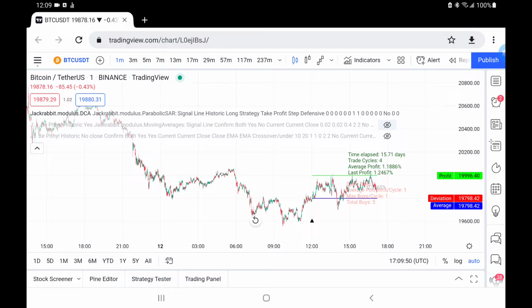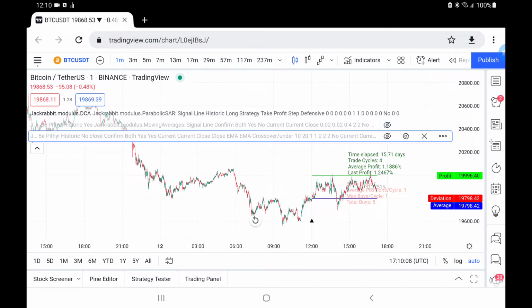This could easily be a one-hit wonder. And that's the point of what makes this stand out. I have it tuned to be very defensive for this particular coin. But let's look at the moving averages crossover again.